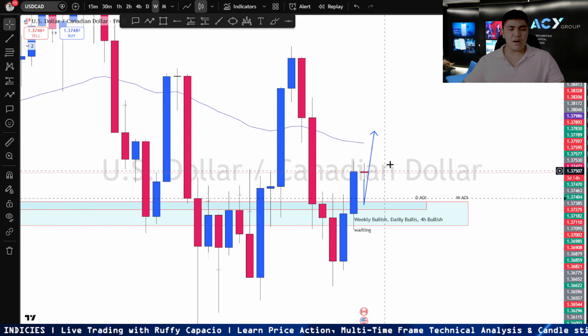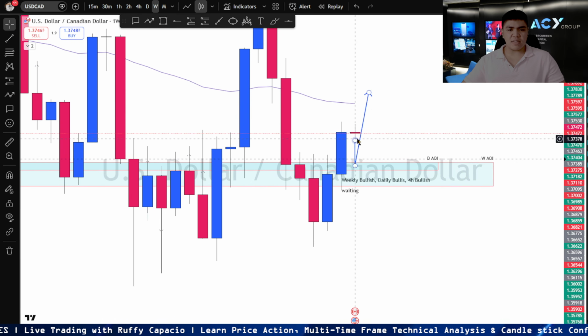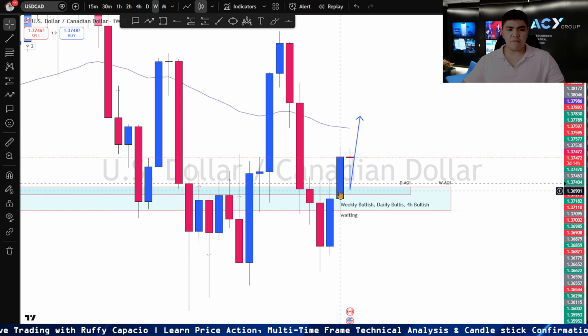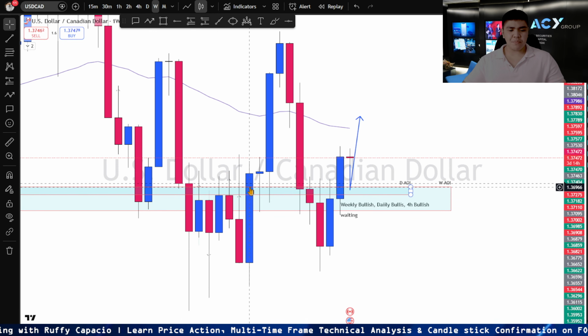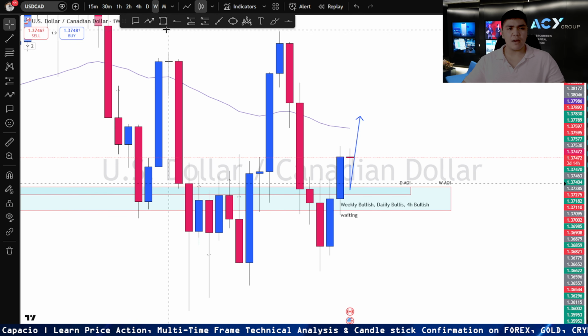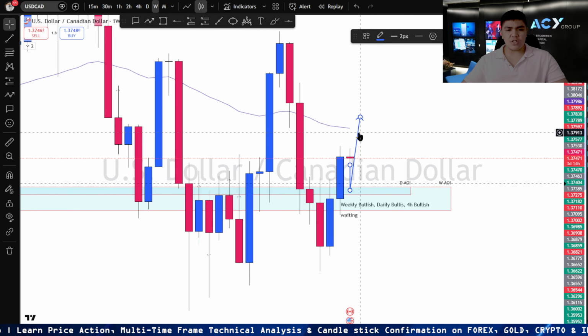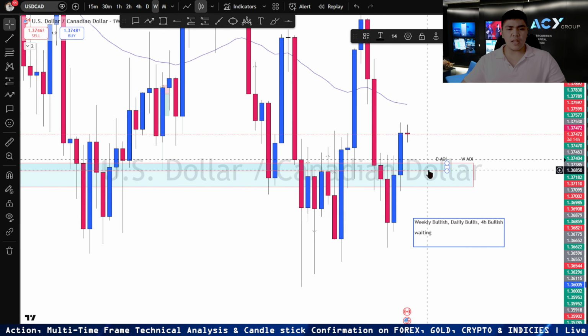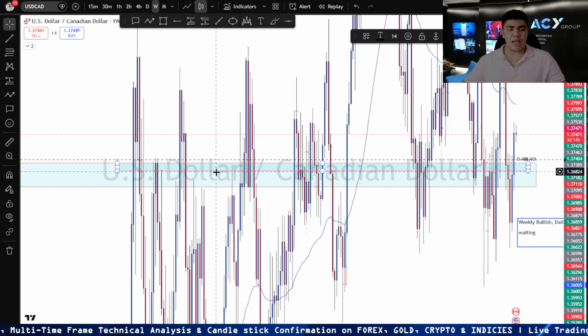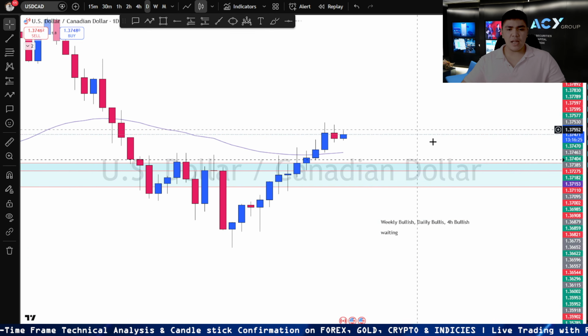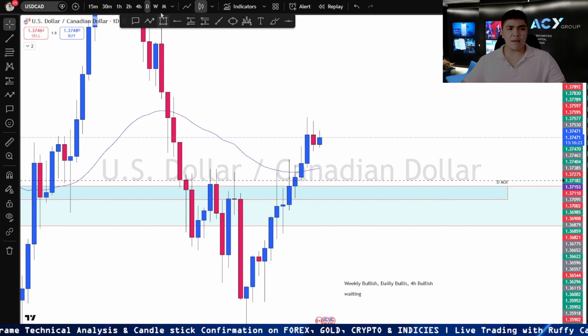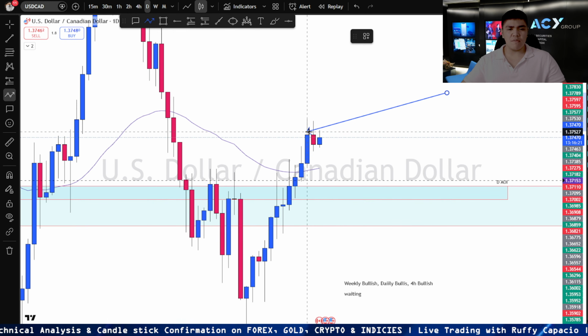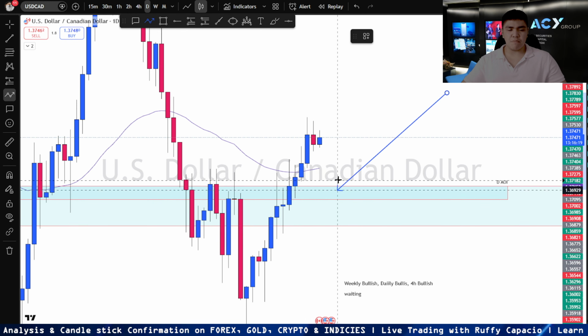Now for the USD CAD, price is above. Once price is above the level, the buying opportunities would be great. Now on the weekly chart, price is above, so this is already our weekly and daily support level. On the daily chart, price is still above, still not having its pullback.